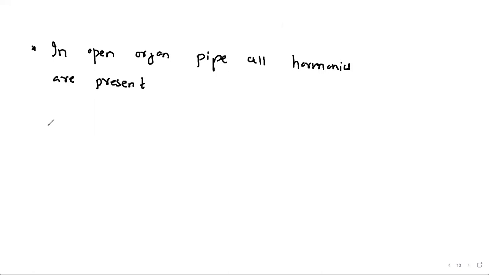Remember this thing. In an open organ pipe, all harmonics are present. First, second, third, all harmonics are present. But in a closed organ pipe, only odd harmonics are present.